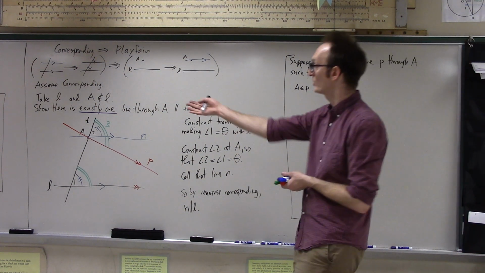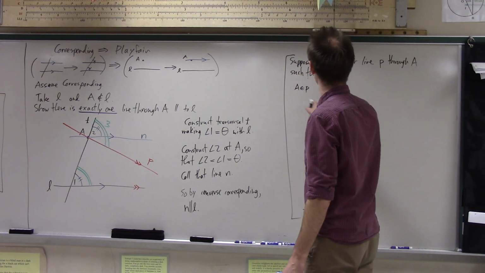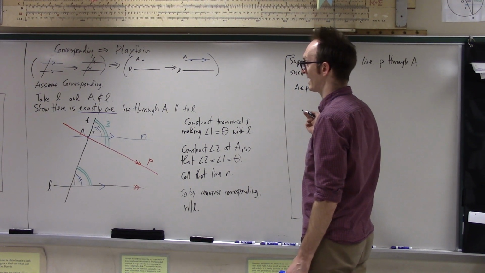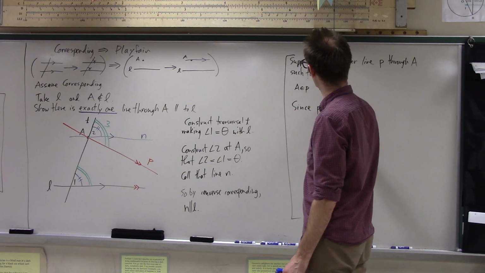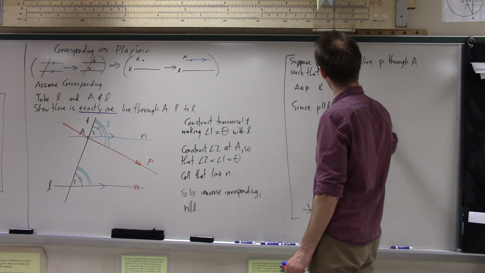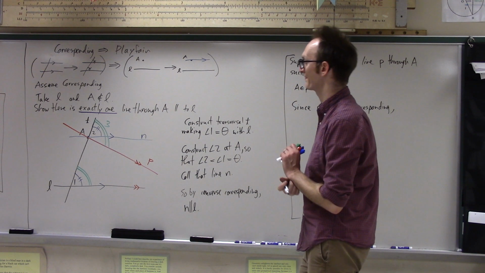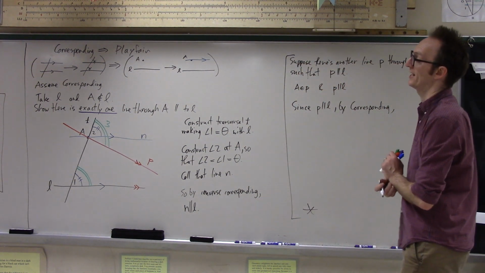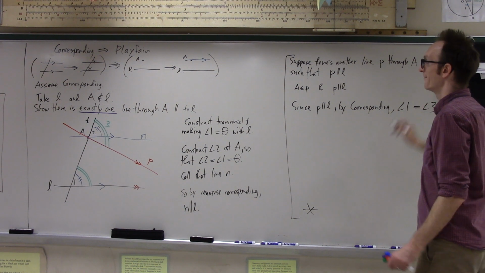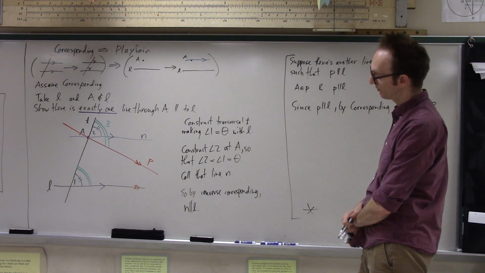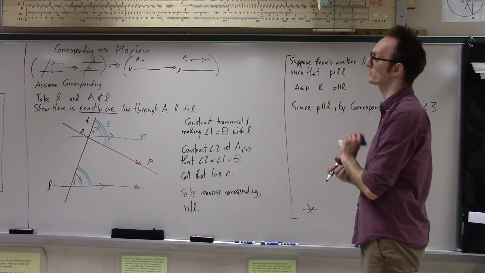Certainly from the picture, well, first I will just say that A is on P and P is parallel to L. And now I will say, okay, so since P is parallel to L, by corresponding, angle 1 equals angle 3. But angle 1 can't equal angle 3 because 1 equals 2 and 2 is a part of 3.